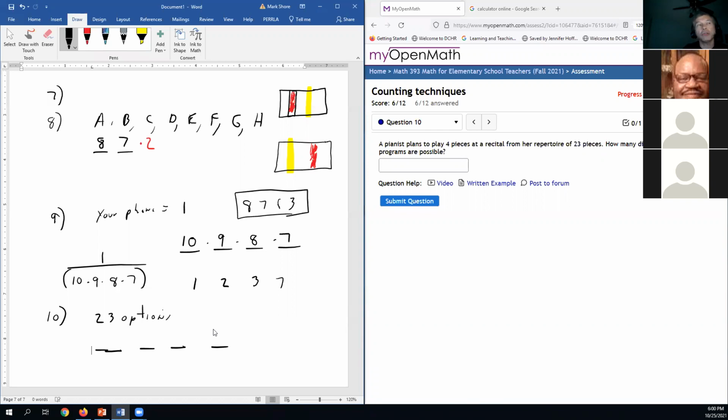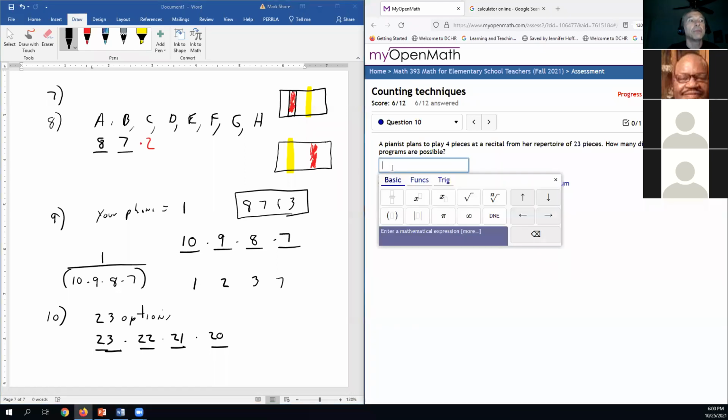So she has 23 options for her first song. She's not going to play Beethoven's Fifth and then play Beethoven's Fifth again. So she has 22 choices for the next, then 21, and then 20. And you just multiply those together. And that's all you do with that problem.